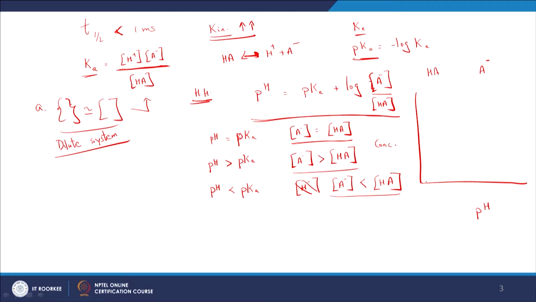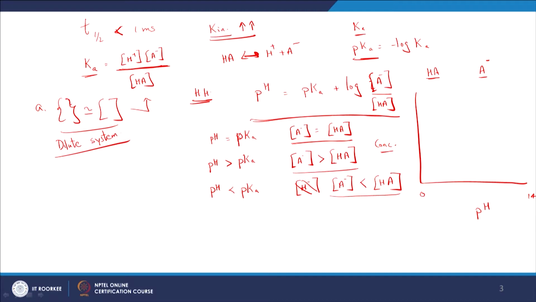This is the pH of the solution or water, 0 to 14, let us say, or any other scale, and this is the concentration of your particular species, and the species are HA and A minus. So take a moment and try to think of how the graph is going to be. Would it be linear, or what shape would it take now, right, and if they are going to intersect, at which point are they going to intersect, and so on.